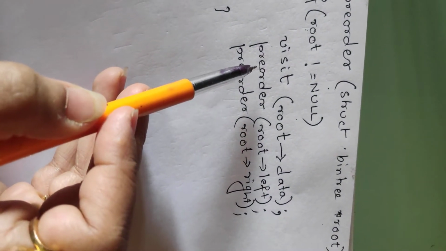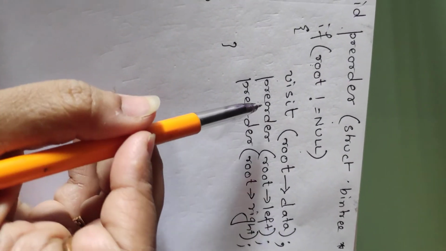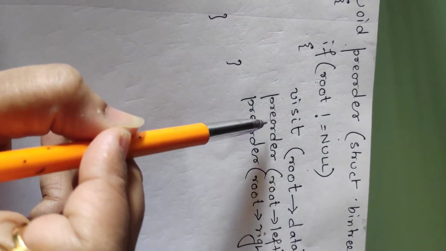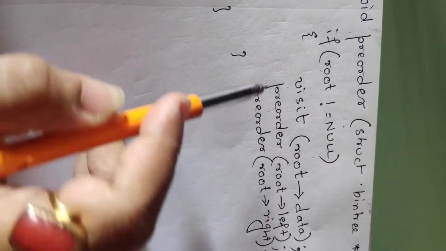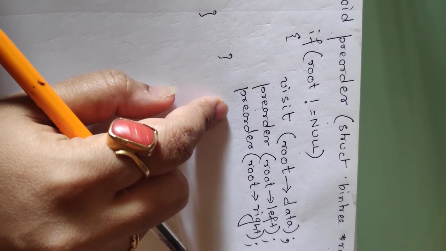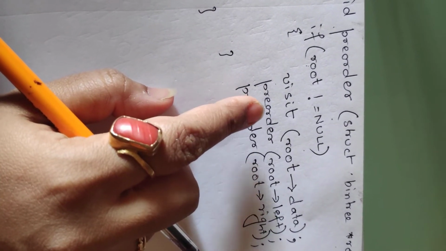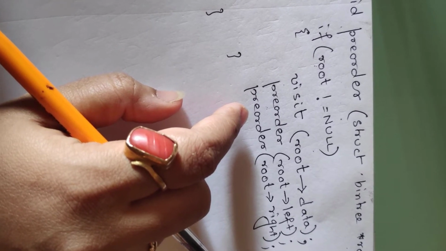Now after 20 gets displayed, there is a call to preorder root left. So you see this is a recursive call. Your function name is also preorder and you are also calling preorder root left. We have learnt in class that recursive methods are implemented using the inbuilt stack.